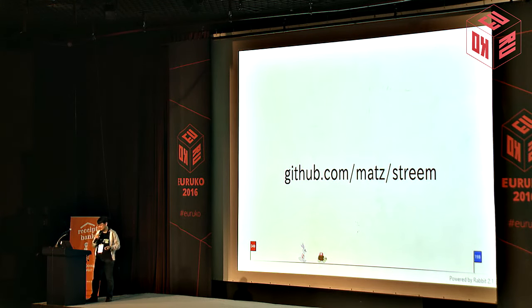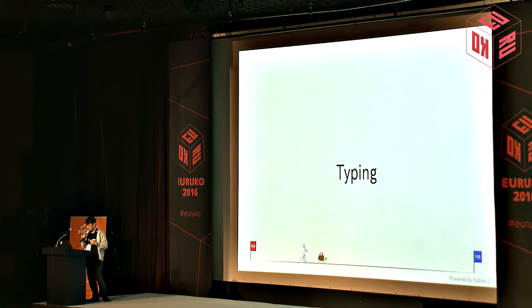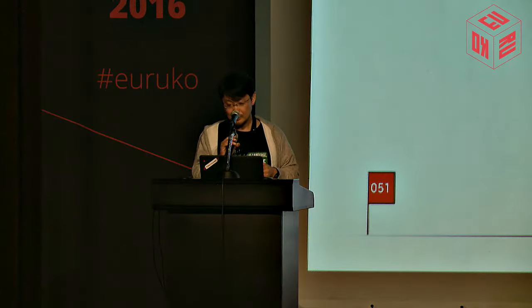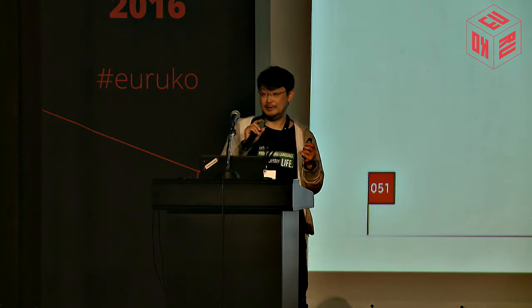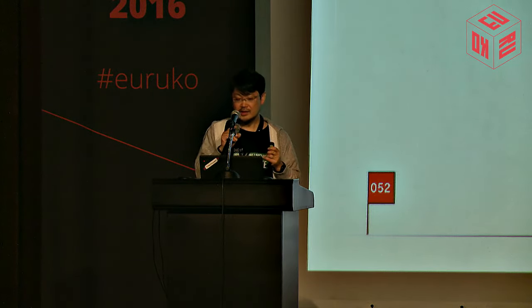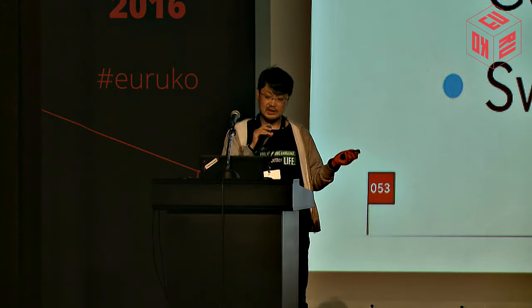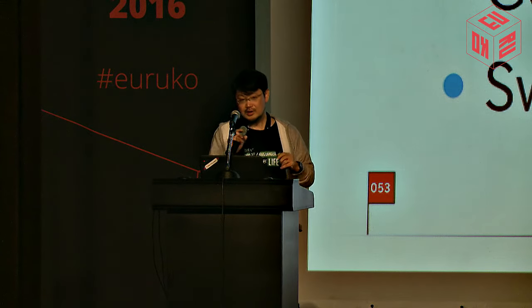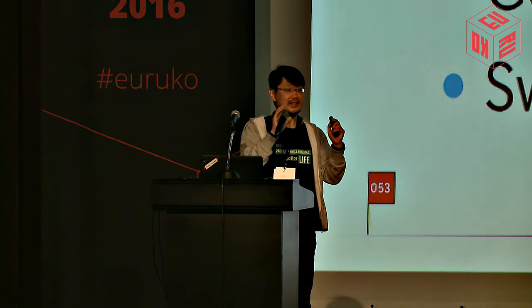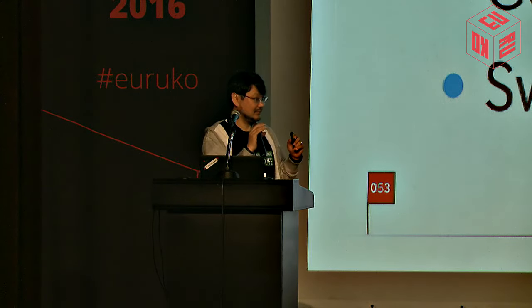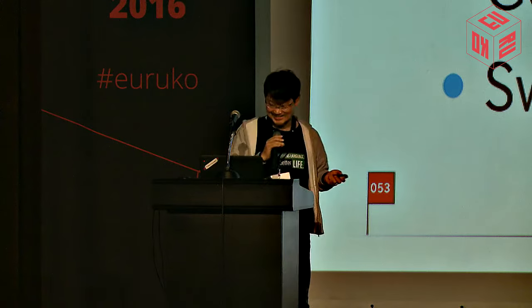This is concurrency. The final one, the biggest topic in this keynote, is typing. In this decade, we have a lot of new programming languages, and most of them are statically typed, for example TypeScript, Flow, Go, and Swift. So statically typed languages are very popular, the new kids in the corner.